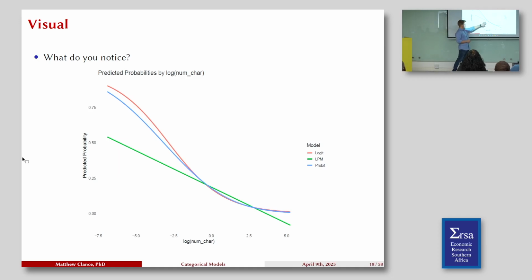So the LPM says it's negative. The more characters in that thing, the probability of success is falling. The same for what we get in terms of the Logit and the Probit. So that's good. But as the log of the number of characters goes down, we see that we're going to predict higher probabilities in terms of the Logit and Probit at this point. They're following each other, but that's a big difference from what we got in terms of LPM.